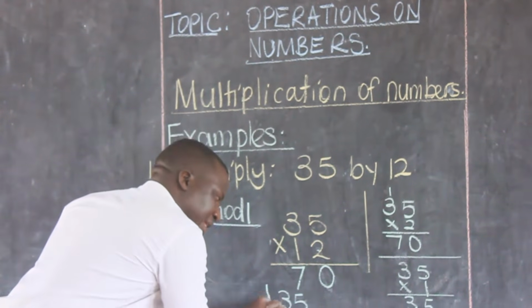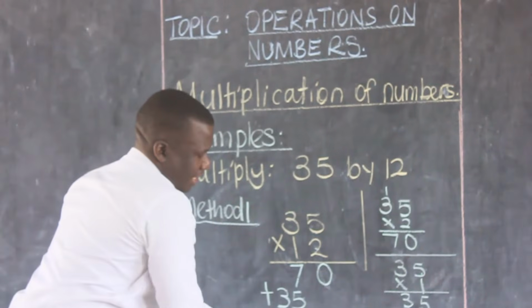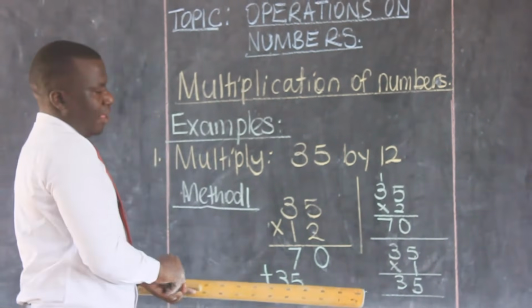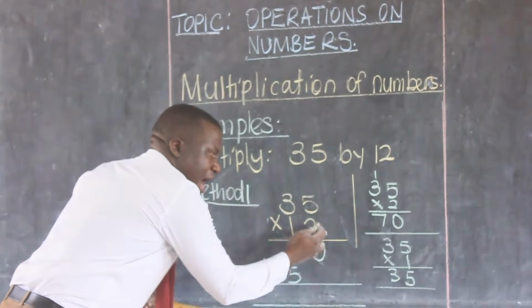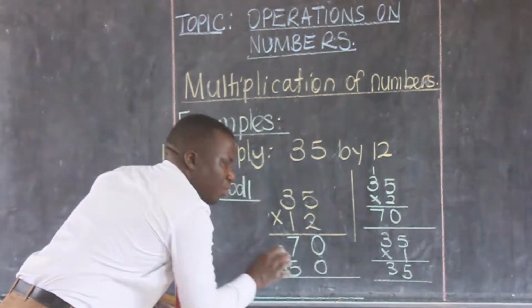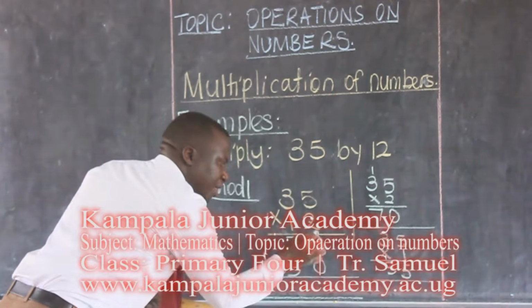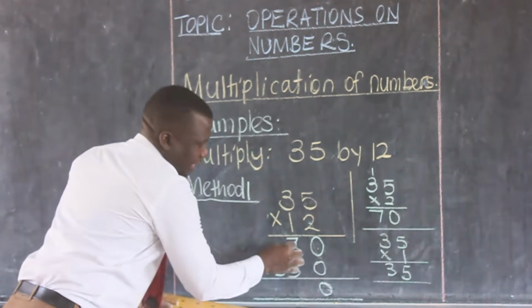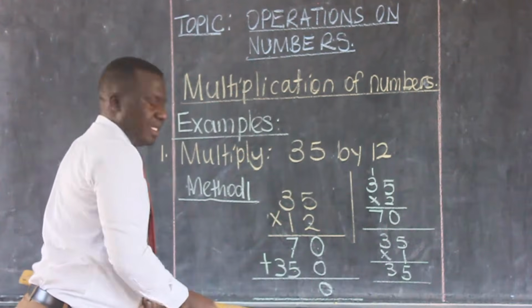Then we add now. So we are now adding. So where there was under ones, we have not written there anything, you can add there 0. You can just write there 0. So what is 0 plus 0? 0. Okay? What is 7 plus 5? It is 12.